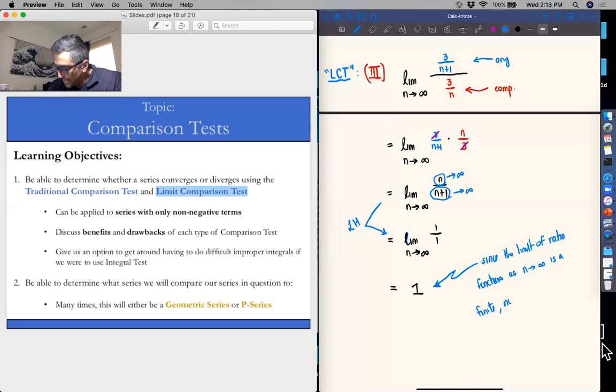And I'm going to emphasize those 2 points, finite and non-zero. Both series do the same thing by the limit comparison test.